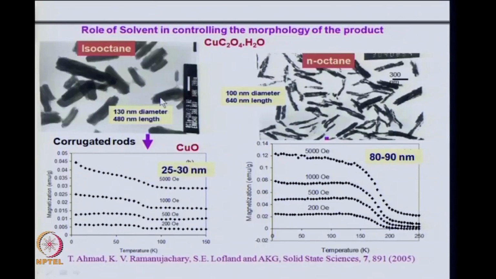Of course, if you decompose these copper oxalates at around 400-500 degrees centigrade, you get copper oxide, and the copper oxide that you get from this is different in size, 25 to 30 nanometers, while the copper oxide that you get from normal octane has a size of 80 to 90 nanometers, and that brings about a difference in their magnetic properties.